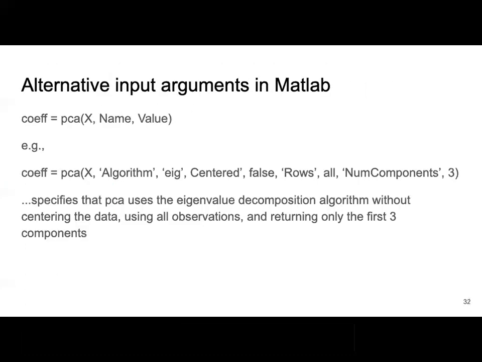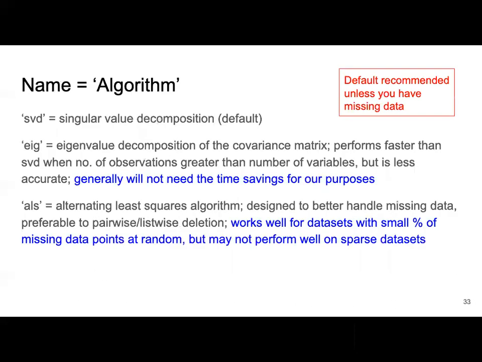And that's pretty much it. I included some extra information about these name-value pairs that you can use as alternative input arguments in MATLAB. It would be something like this, where you're running PCA on this X data, and you can change things like the algorithm, whether or not the data is centered, how to deal with missing data, etc. I went through these and included this information, but I'm not going to go through it now because it's a bit tedious.